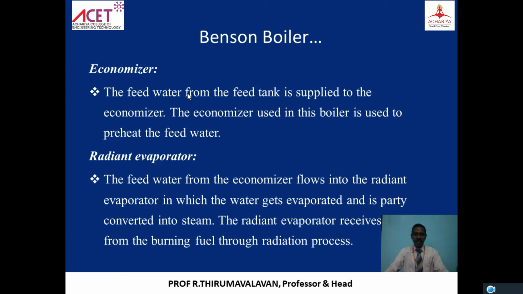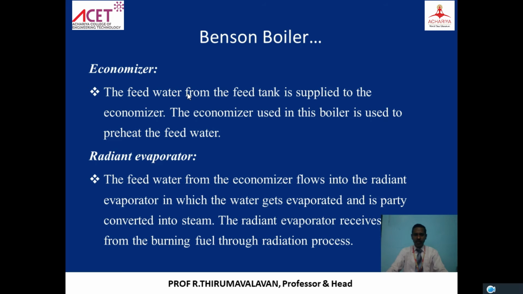The feed water from the economizer flows to the radiant evaporator, in which water gets evaporated and partially converted into steam, not fully, with at most a dryness fraction of 0.7. But the working steam should have a dryness fraction X of at least 0.85 as the minimum requirement.